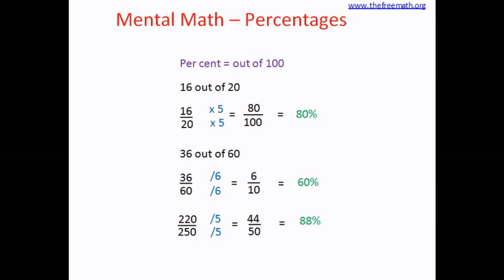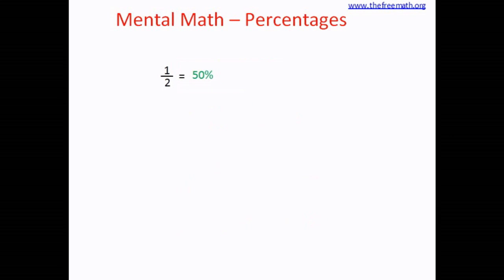Now let's go over some very common percentages. For example, 1/2 is 50%. 1/4 or a quarter is half of that, that is 25%. 3/4 is 75%. 1/5. 1 over 5 is equal to 2 over 10, that means it is 20%. 1/8, it is half of 1/4, that means 12 and a half, 12.5%. 1/10 is 10%.